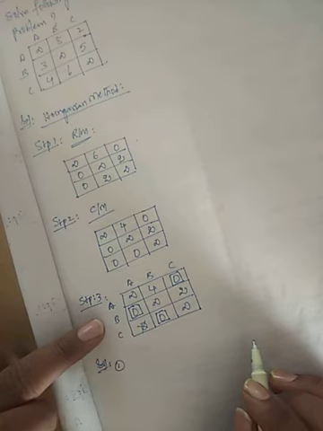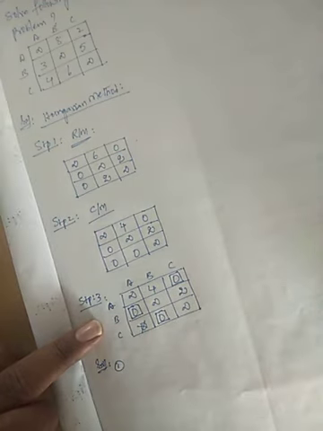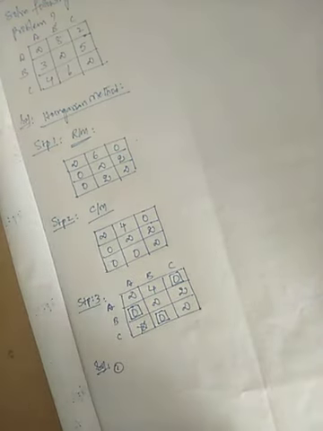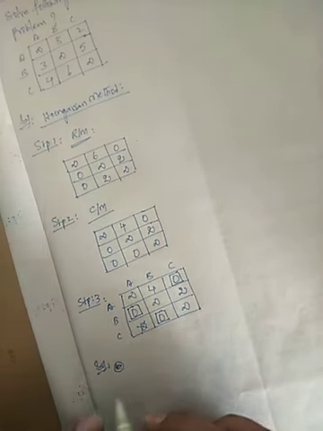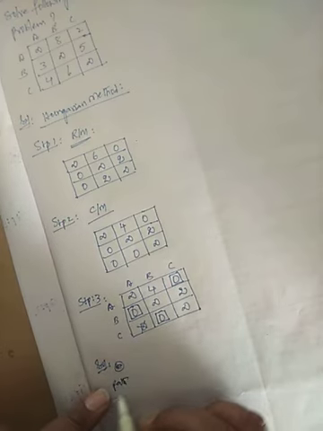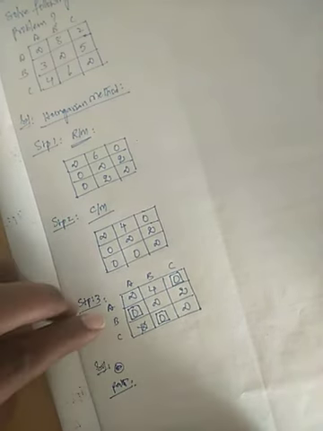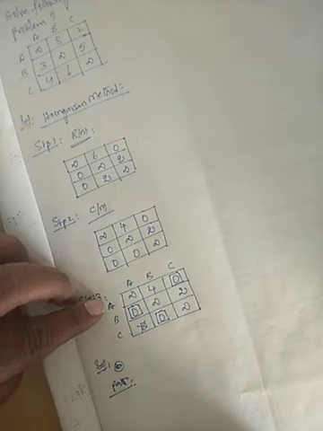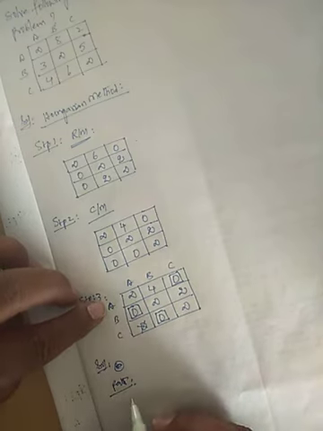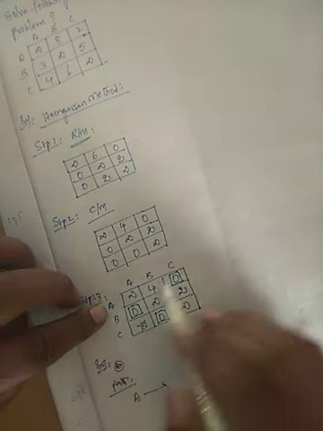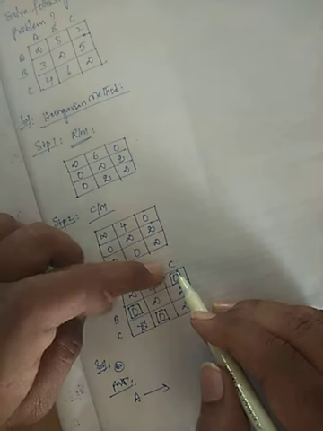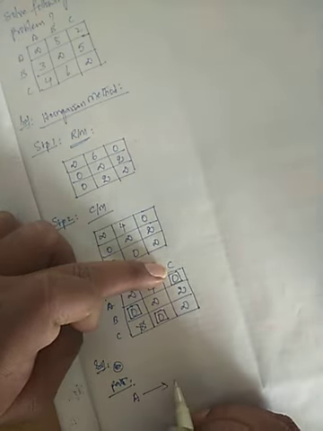Now look at here, I am writing the answer. How to write that answer? Path. Now how to write the path? You start from here. What is the first? The first, you are starting from CTA to CTC.